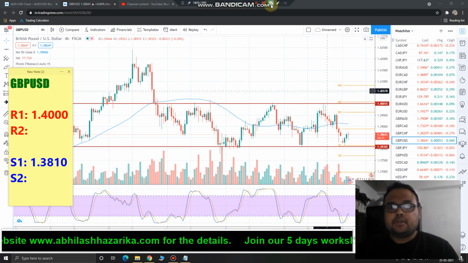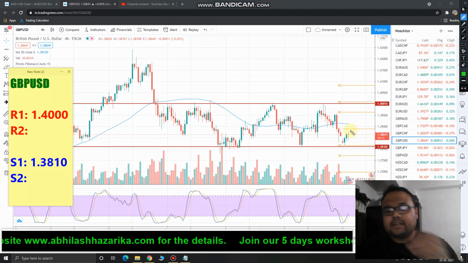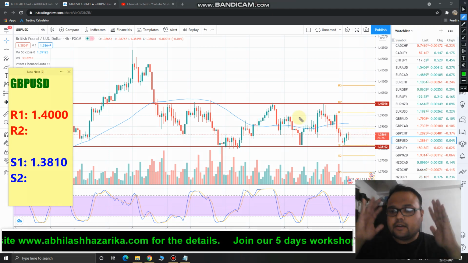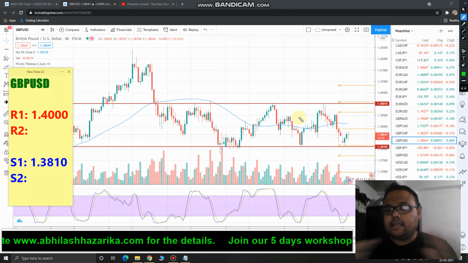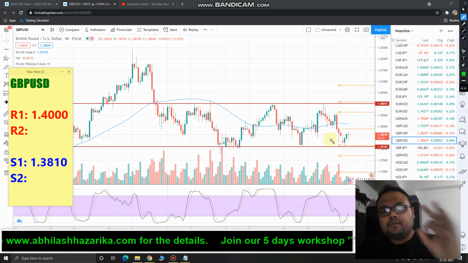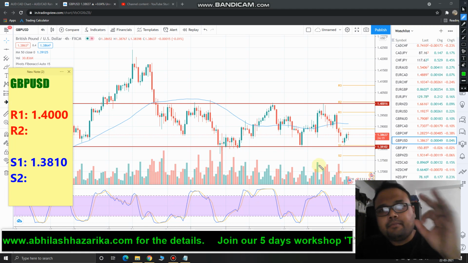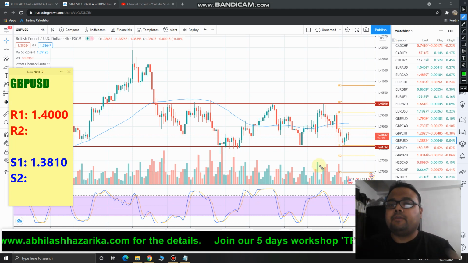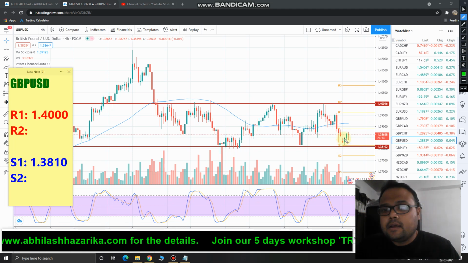Okay, so let me take out the pencil. So what was the strategy? See, GBP USD is in a range right now. Okay, so I was telling that if you see some good reversal pattern, in the form of price rejection from below, bullish engulfing pattern, then you can grab it here.